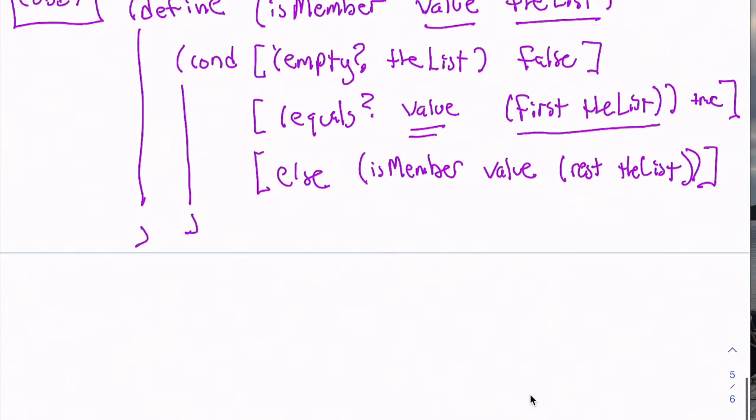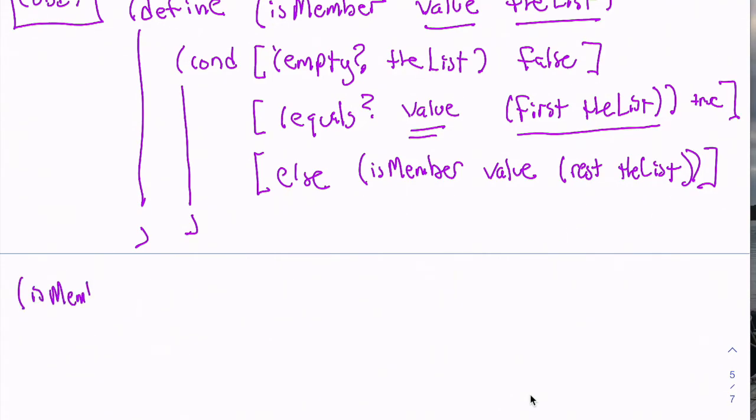Okay, so with this code, let's trace our examples and see what happens. isMember B, A B C. So we call isMember with B, that's our value, and ABC is our list.